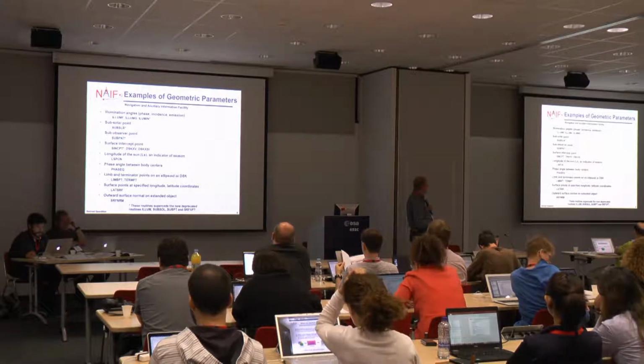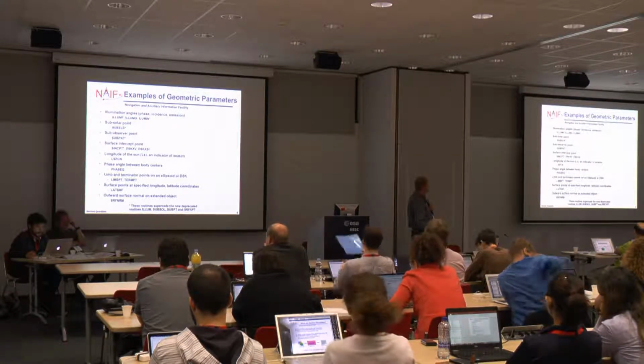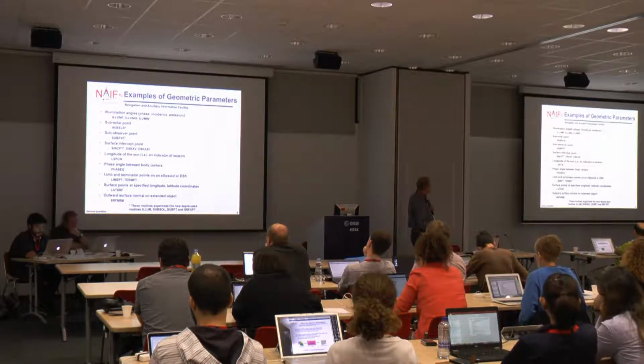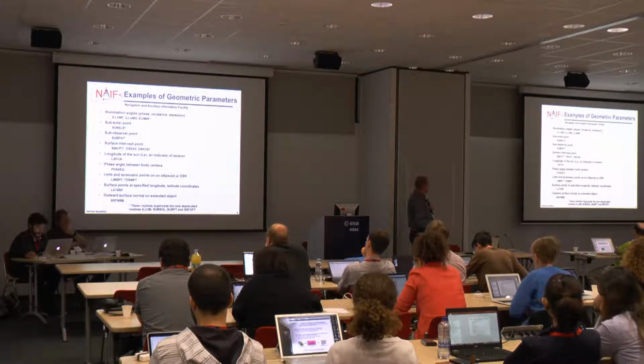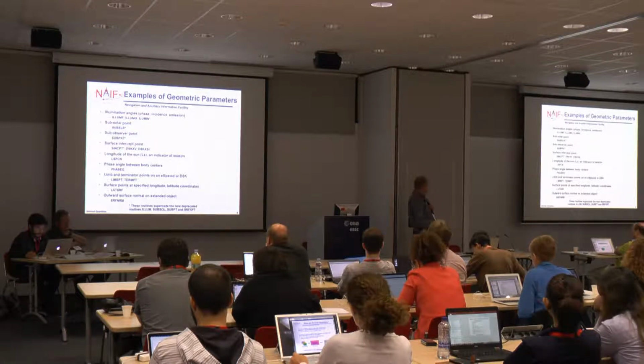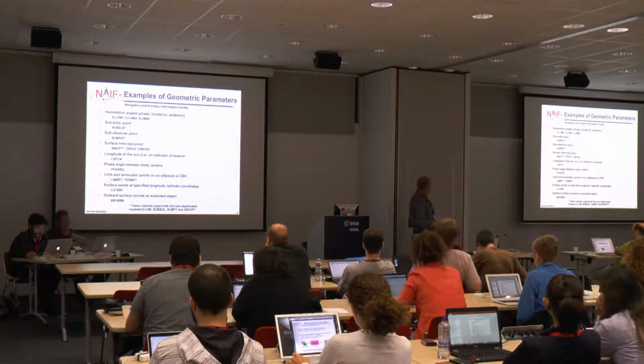There are two routines that compute subpoints, sub-solar point and sub-observer point: subslr and subpnt. There are a number of routines that compute surface intercept points for a given ray on a given target as seen by an observer. They can do it using the core routine called sincpt, for both ellipsoids and DSK-shaped targets.